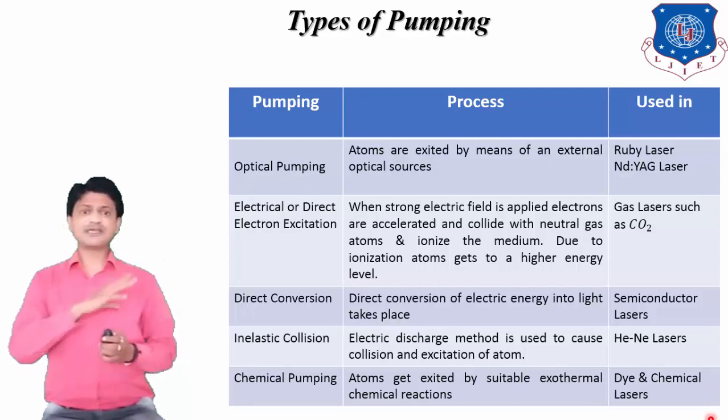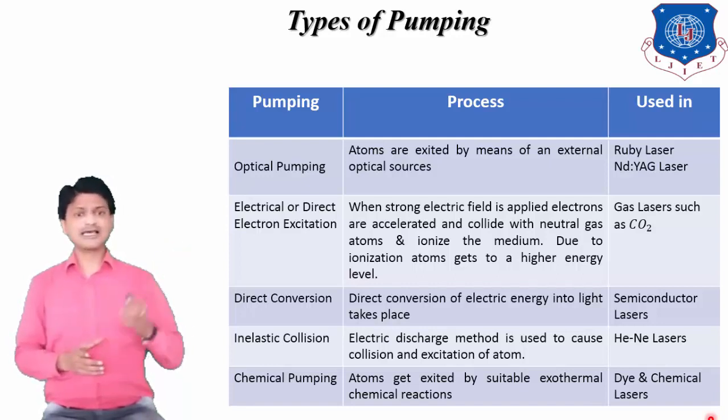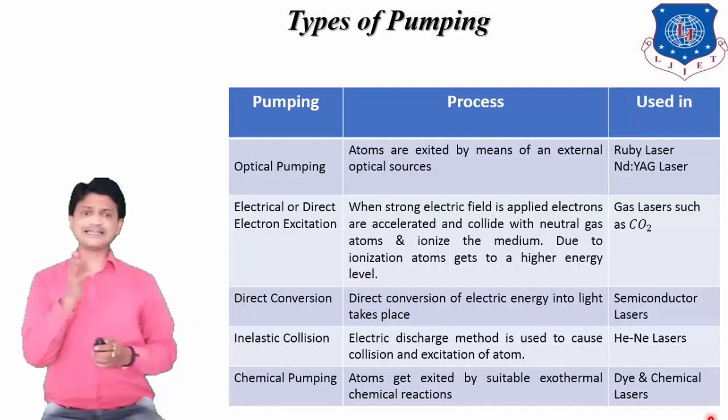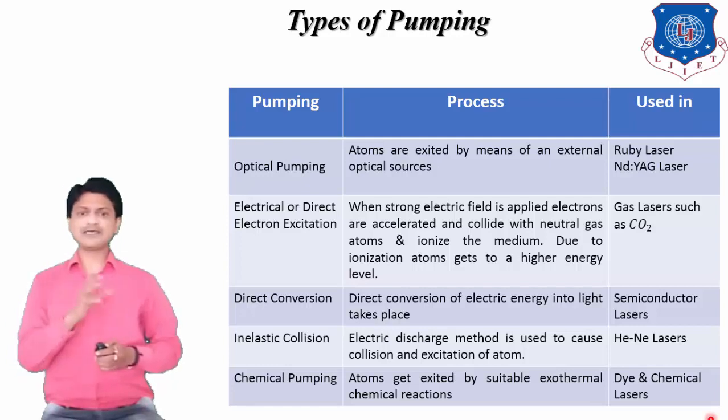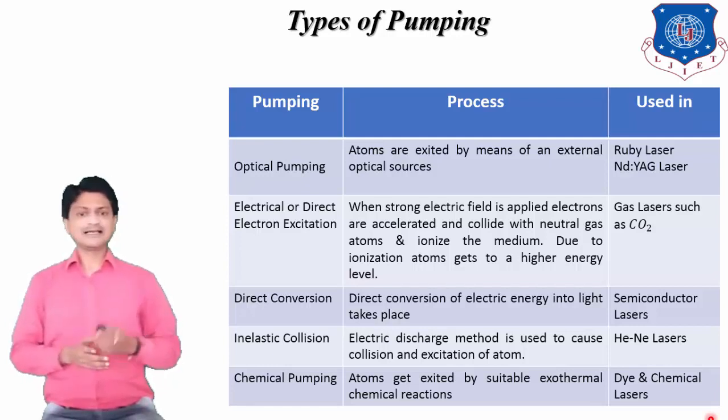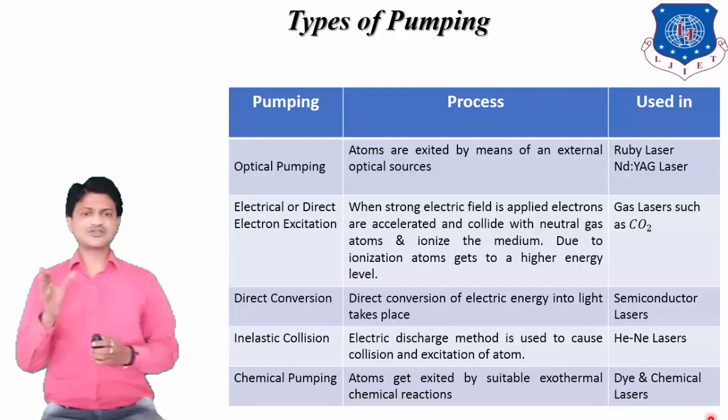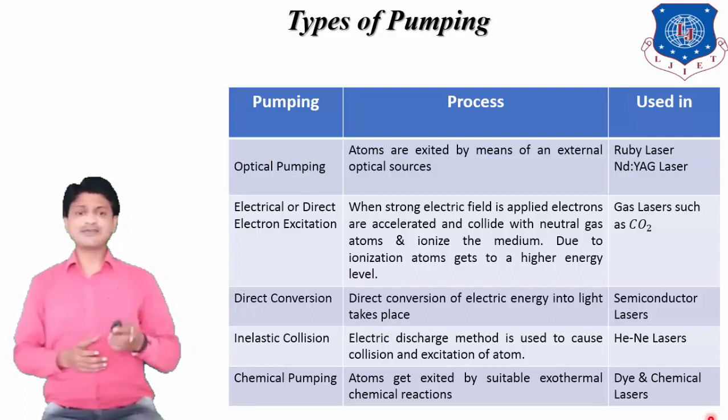Optical pumping is used in ruby laser. In the same way, electrical pumping is used in gas lasers. Direct conversion pumping is used in semiconductor laser. Inelastic collision is used in helium neon laser. And last, chemical pumping is used in dye and chemical lasers.